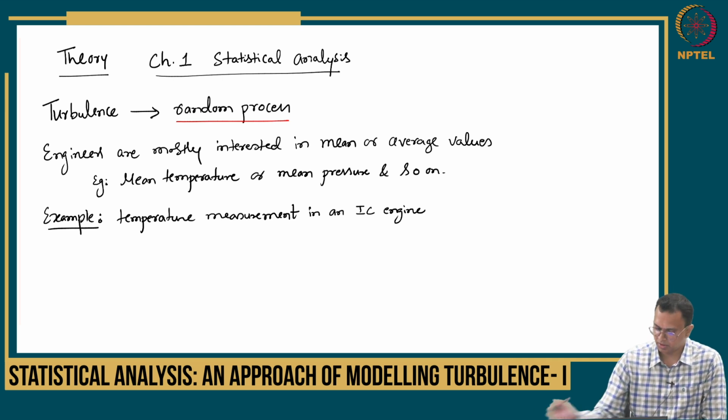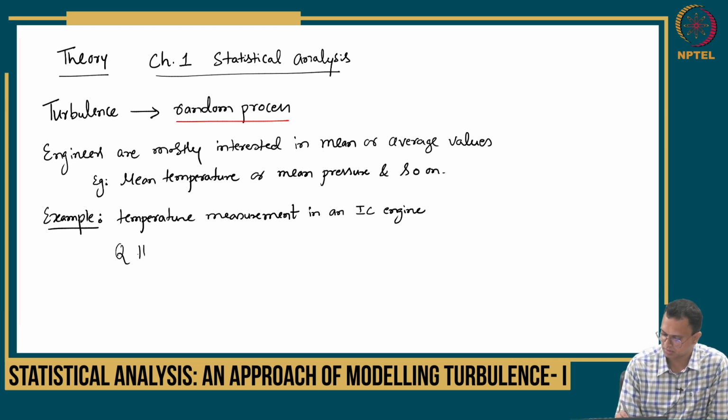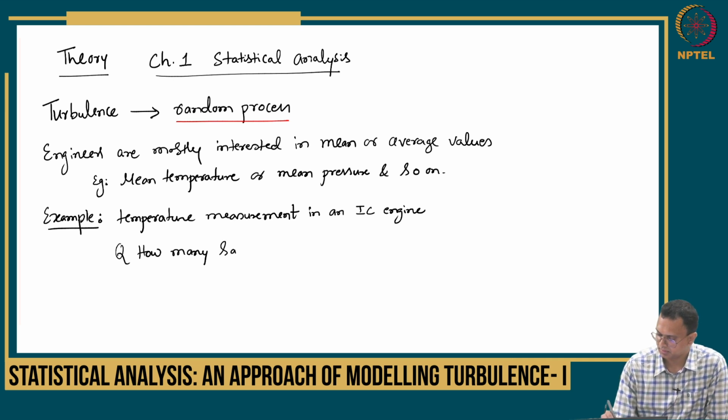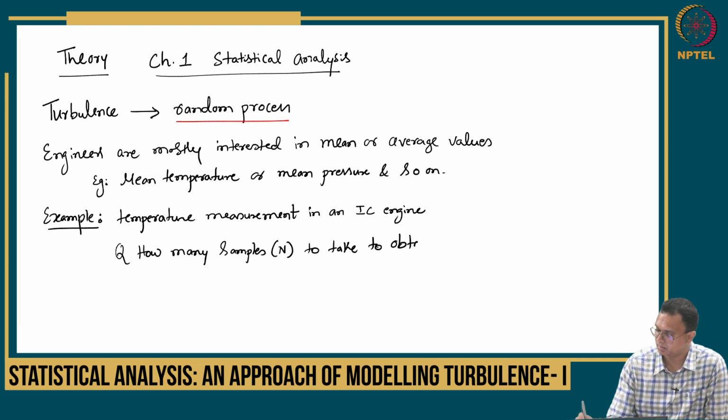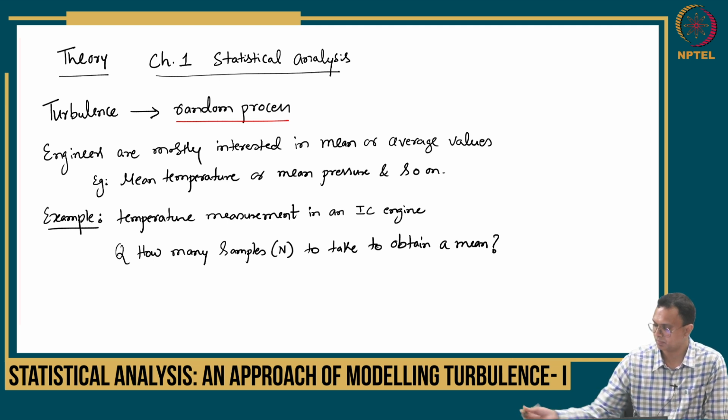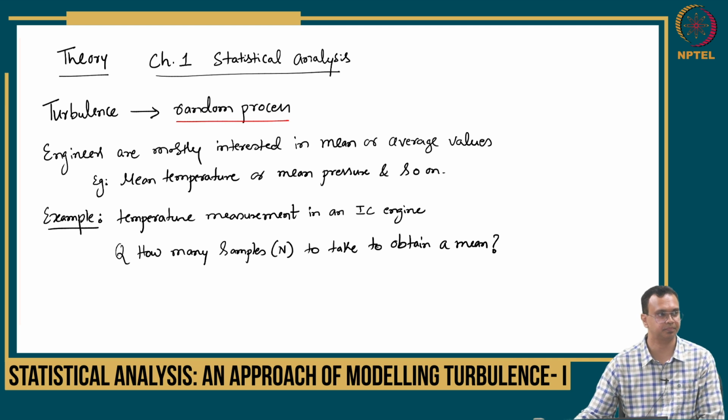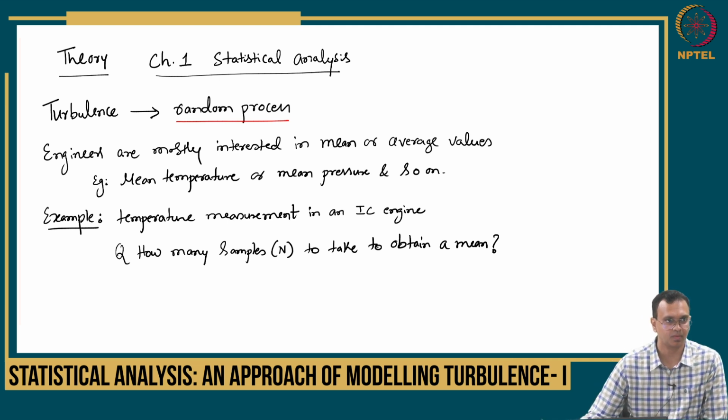So how many samples did you take here? Question is, how many samples, I call it N. How many samples did you take before you said this is the value, this is the statistical value? How many samples to take to obtain a mean or any other statistical value? 7 to 8.